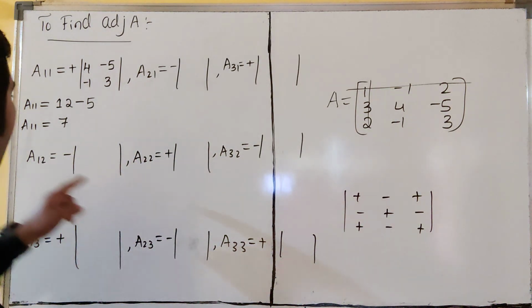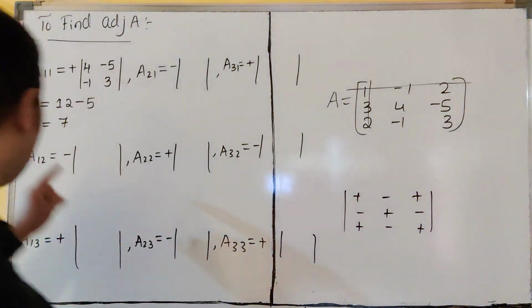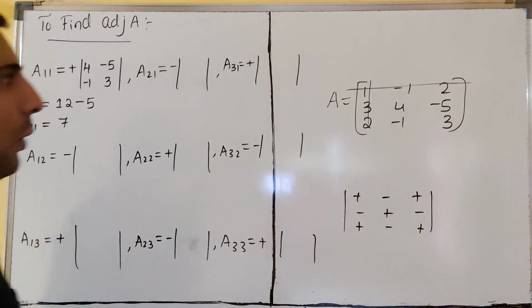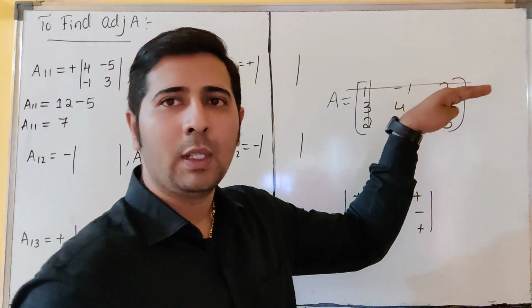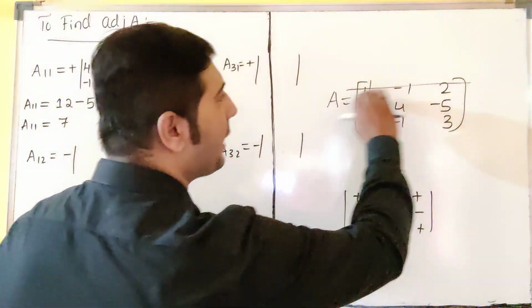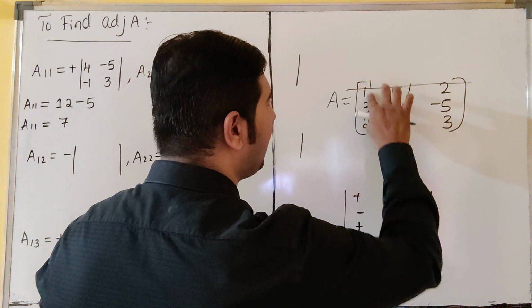Next I have to find A12. So A12: here row comes first, then column. That means the row increases, then the column increases. Leave the first row. So A12 means first row you leave, second column you leave. What are you left with? See here, I will erase this line.